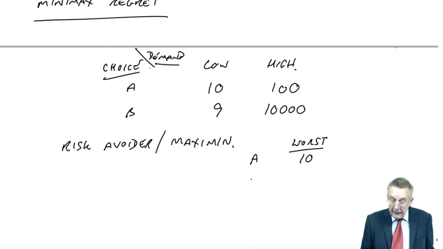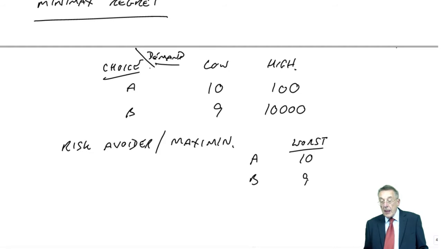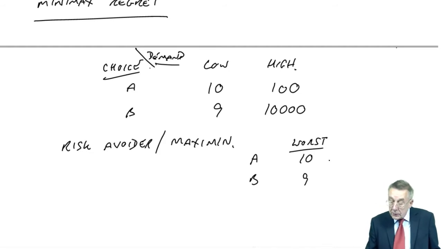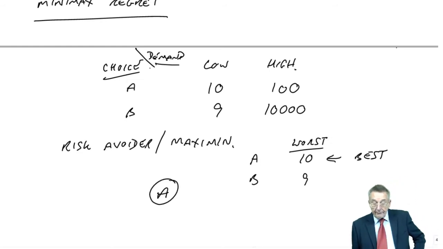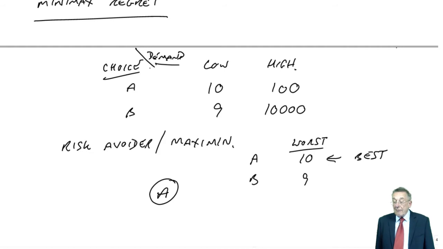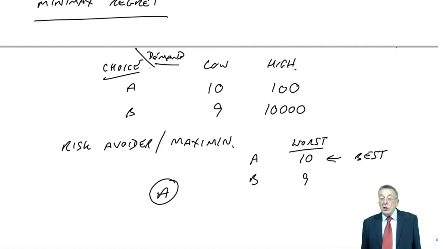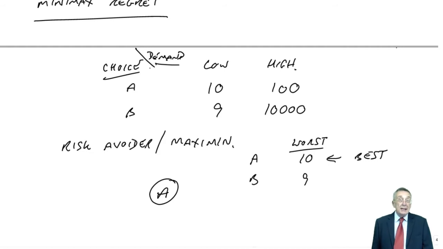A, you get 10. B, the worst outcome is 9. And then you choose the best of the worst. You choose A. And I went through the logic: you're choosing A because whatever happens, you're guaranteed to get at least 10. You can't do any worse.